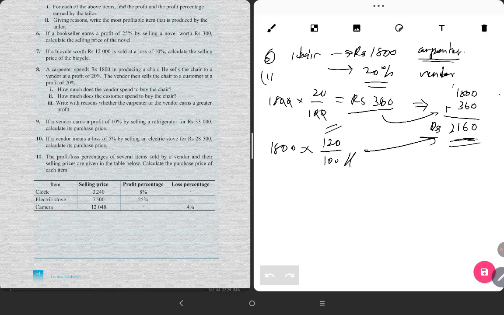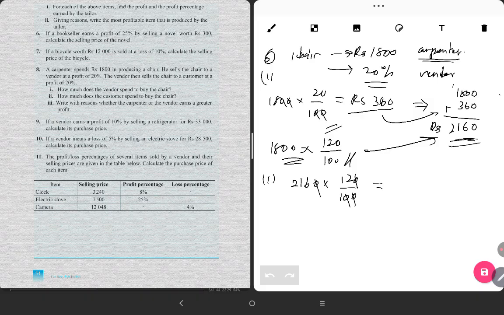Question number 2: how much does the customer spend to buy the chair? Okay, now the vendor sells the chair to a customer at a 20% profit. So you can use the same logic. 2160, 120% of that value is what the customer is buying it at. So we can just cut this value. 216 times 12.